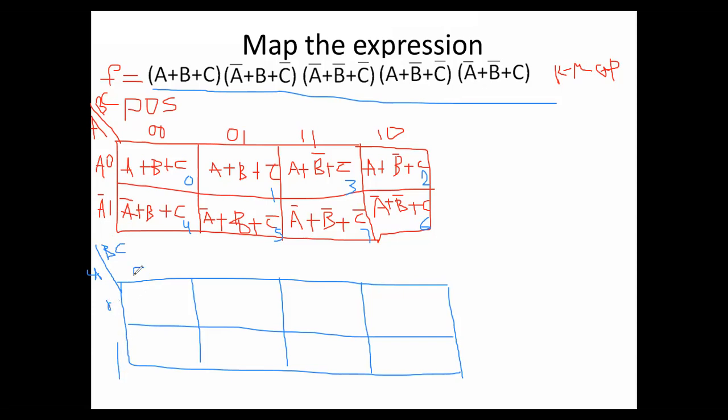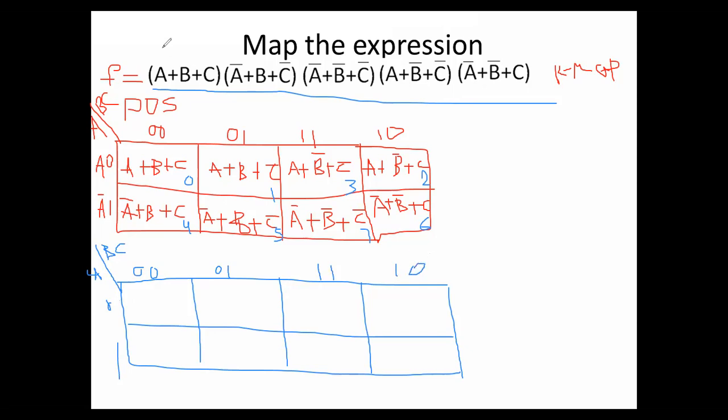B, C, two variables are there, so the combinations are 0 0, 0 1, 1 1, 1 0.